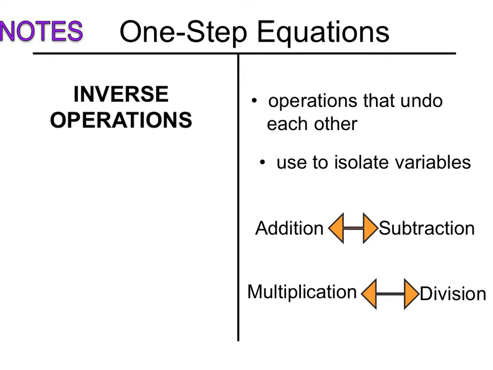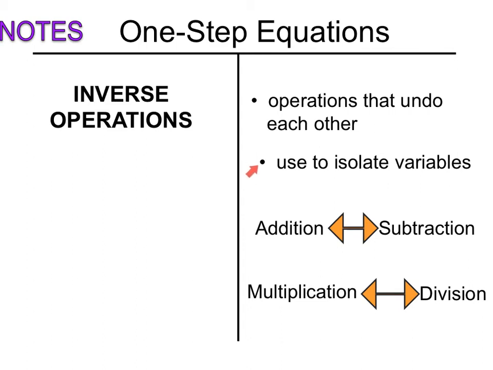The key to solving any type of equation, whether it's one-step, two-step, or multi-step equations, is we're going to solve using inverse operations. So inverse operations are operations that undo each other, and we use them to isolate the variables onto one side of the equation.